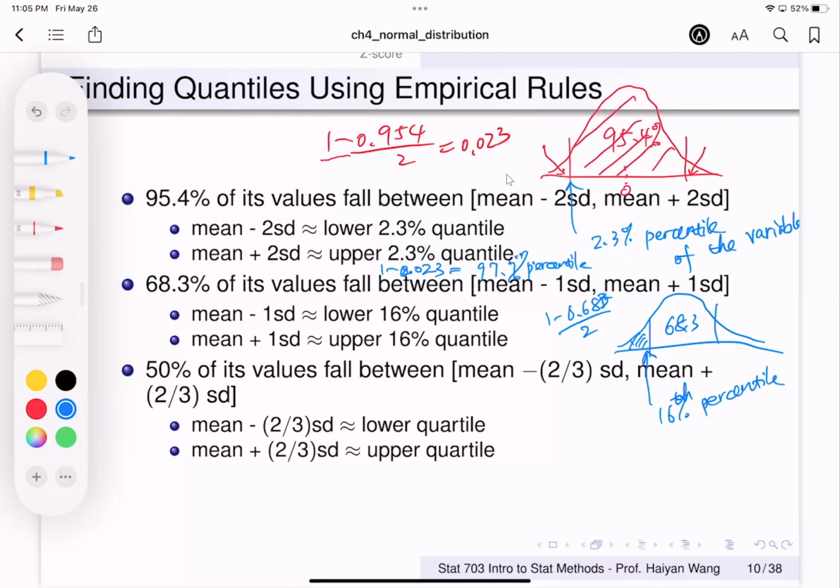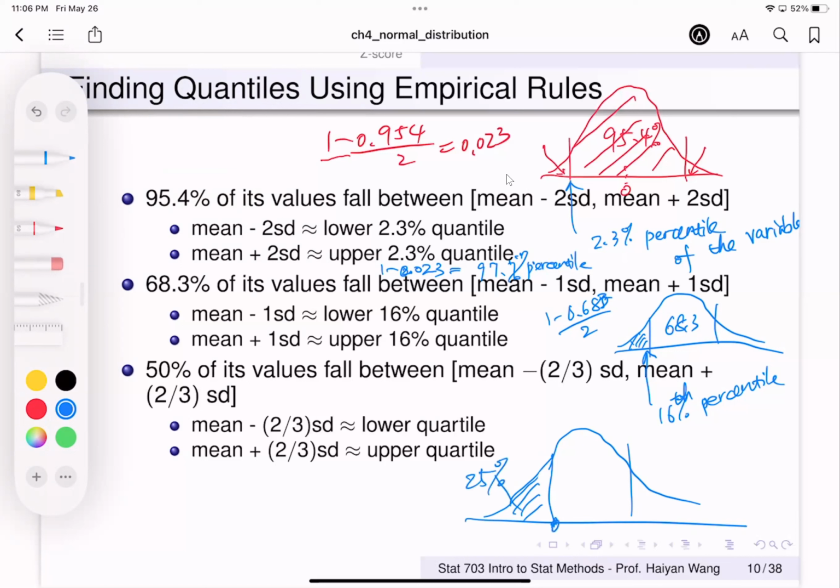The next one is to consider the mean plus or minus 2/3 standard deviation. In that case, we know the middle is 50% from the empirical rule. And if the middle is 50%, then what we have on the outside, on each side, is about 25%.